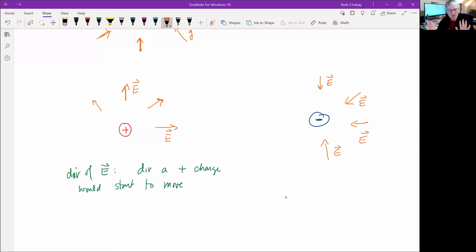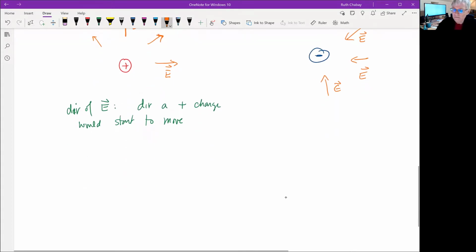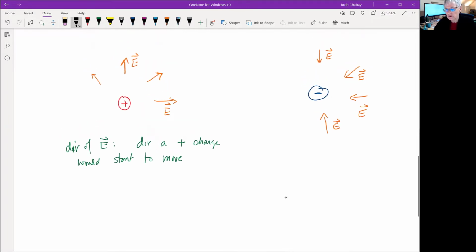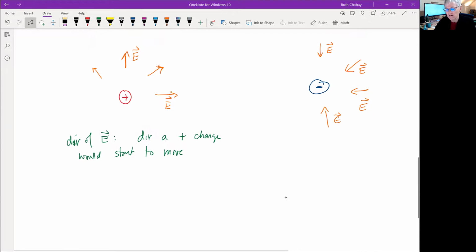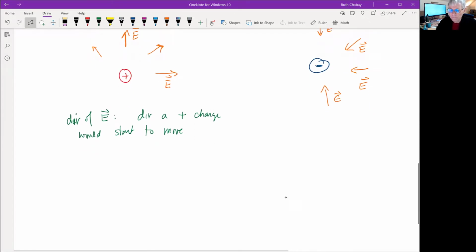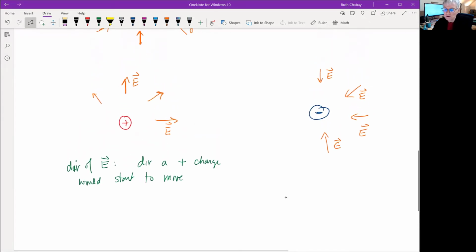So what's the difference between force and field? Great question. So the force that something is going to experience depends on the field. So if there's a field at some location in space, let's pick this one, and we put a proton there.